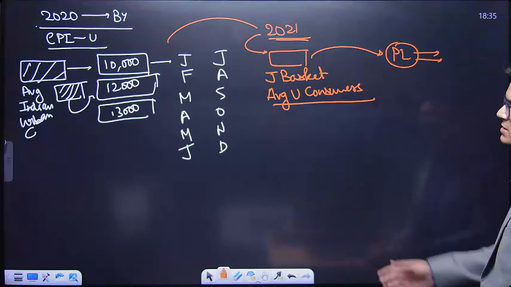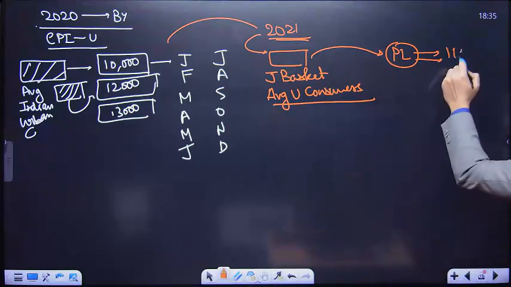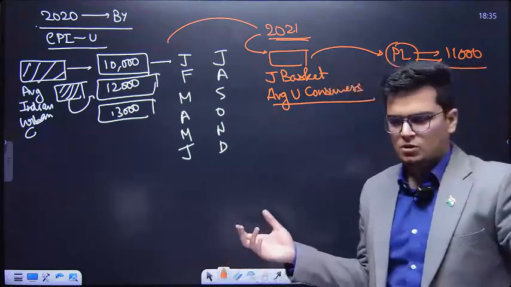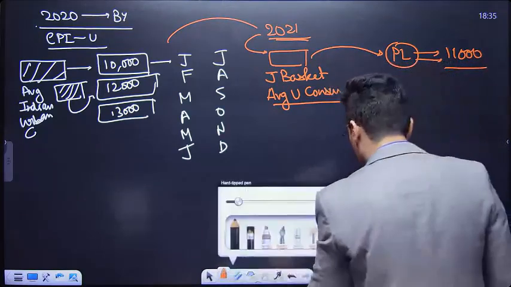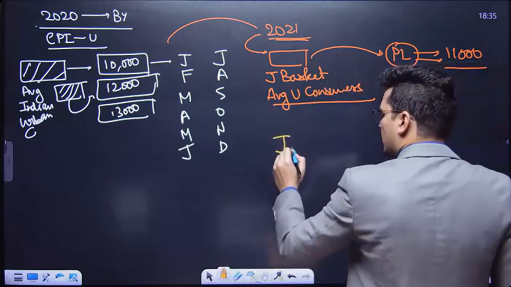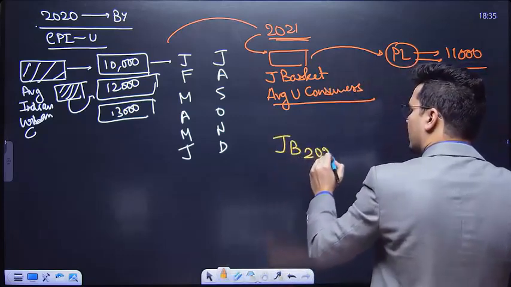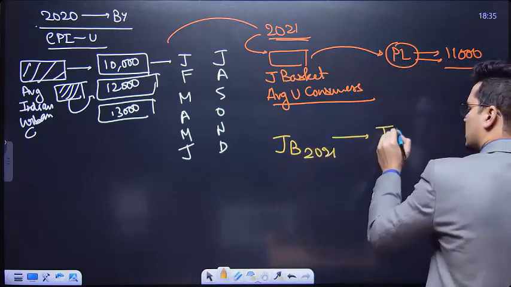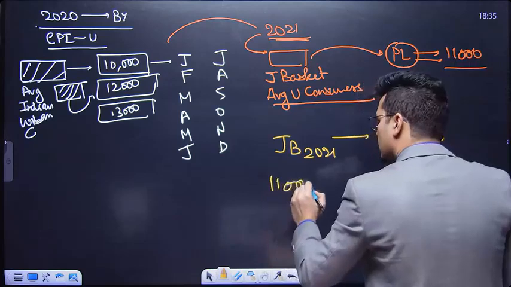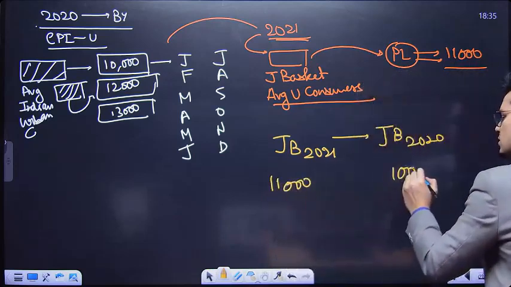The price of this January basket has now become, let's say, 11,000 rupees. Okay, so I will compare January basket of 2021 with January basket of 2020. This was 11,000. This is 10,000.